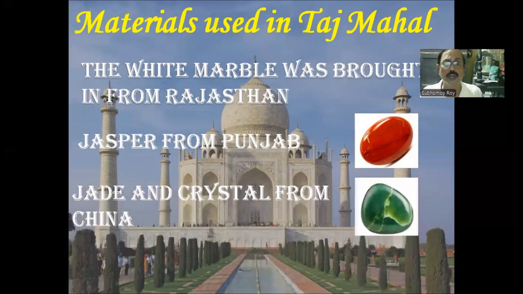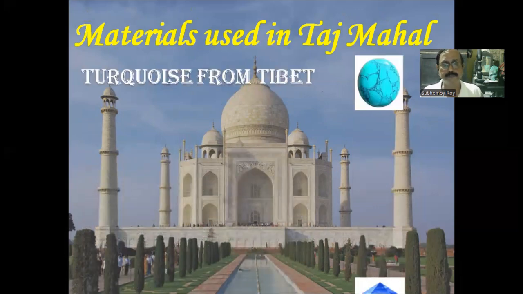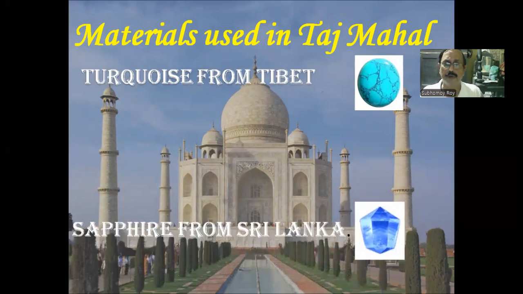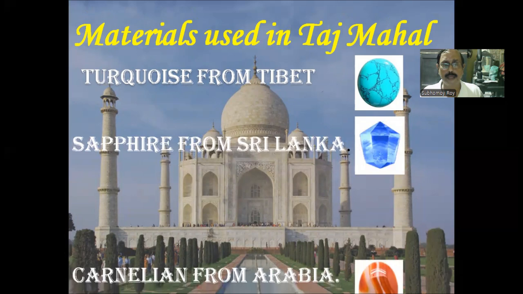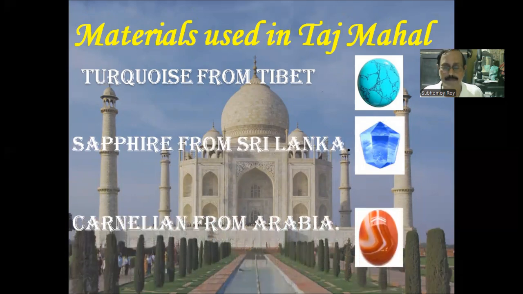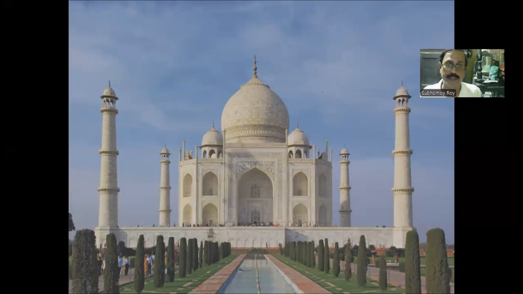Jade and crystals from China. Turquoise from Tibet. Sapphire from Sri Lanka. And carnelian from Arabia. So these are the stones used in the Taj Mahal, brought from those different places.